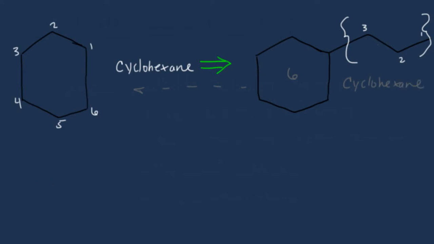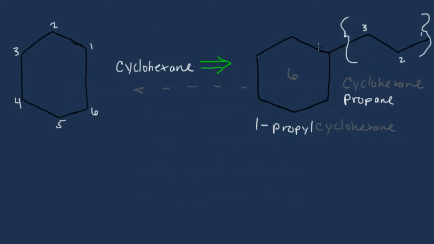That something that's sticking out has 3 carbons, and we refer to 3 carbon chains as propanes. And so we can go ahead and name this molecule as 1-propyl, and then our parent, which is just cyclohexane.